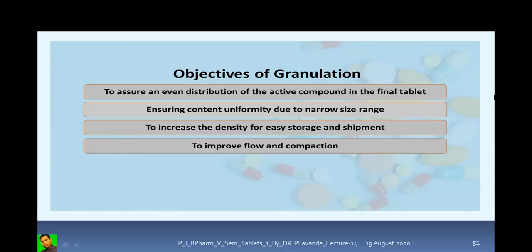Yes, the quantity of API is very small. If you are not going for uniform mixing, if you are not going for the granulation process, what will happen? Sometimes somewhere in the corner, that API will remain as such. So what is the result of this?